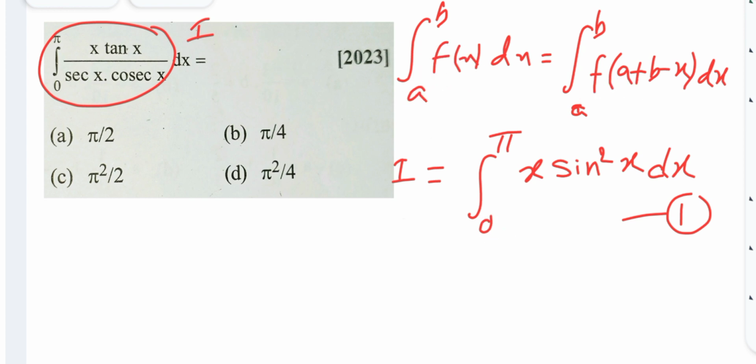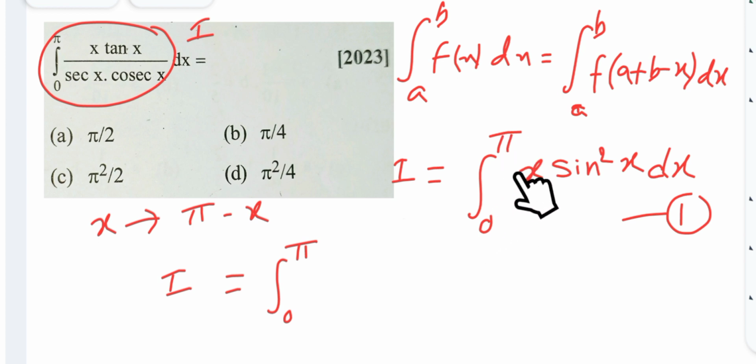So here also I'm going to replace x with 0 plus pi minus x, that is pi minus x. The result will be the same I. So using the same property, from 0 to pi, instead of x I will write pi minus x.